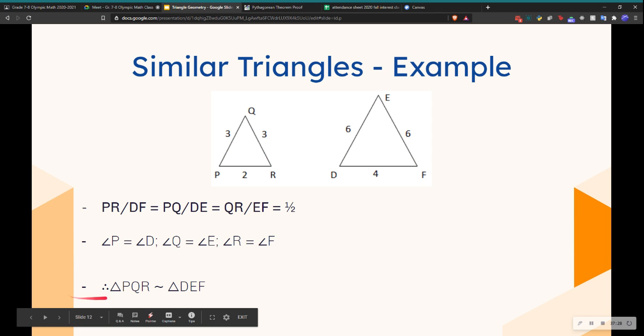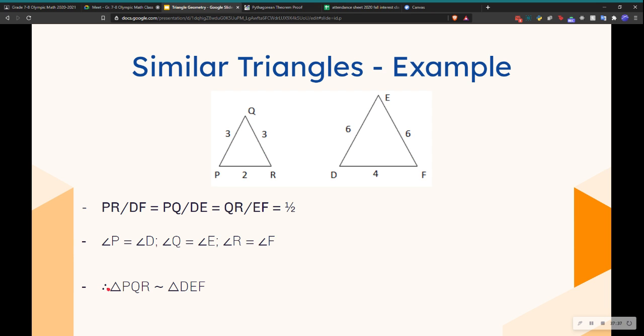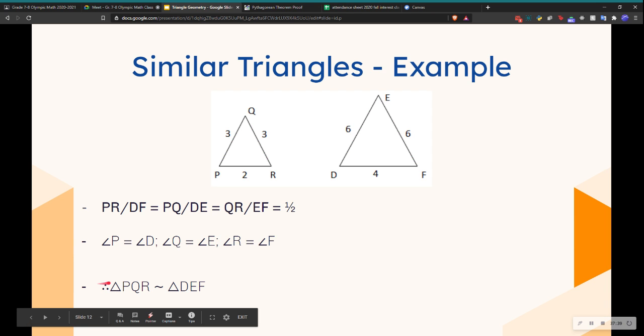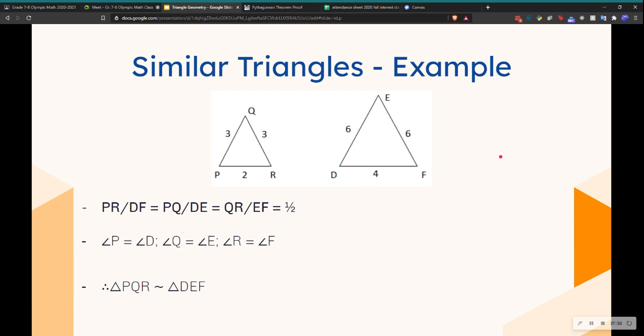And then this is just like a therefore statement. If you've seen mathematical proofs, they always have a therefore statement at the end just to end their solution. That means therefore triangle PQR is similar to triangle DEF, just like that, right? Any questions about this example? Hopefully that made the similar triangles concept a bit more clear to you guys.